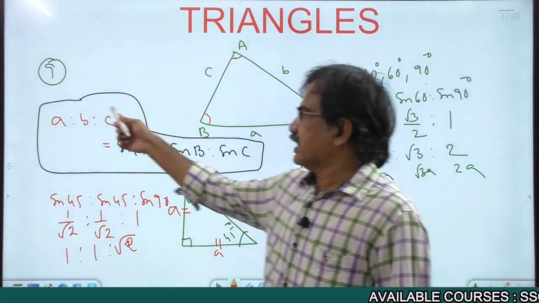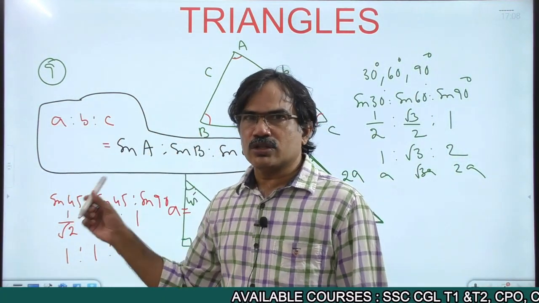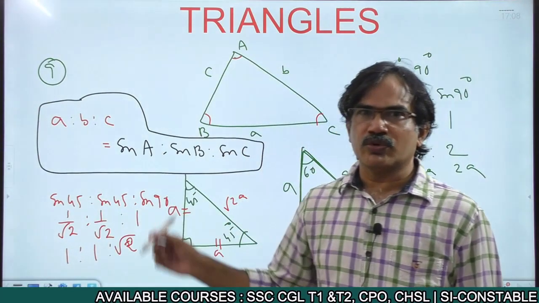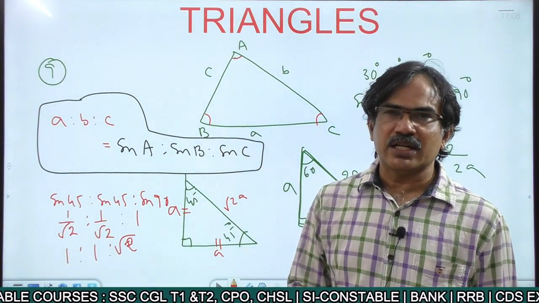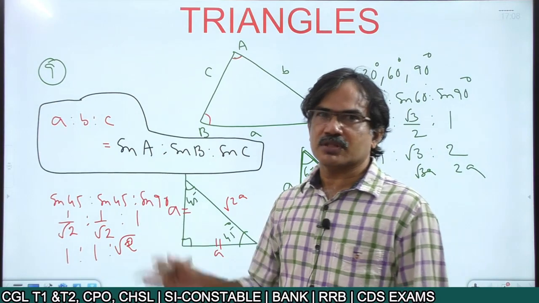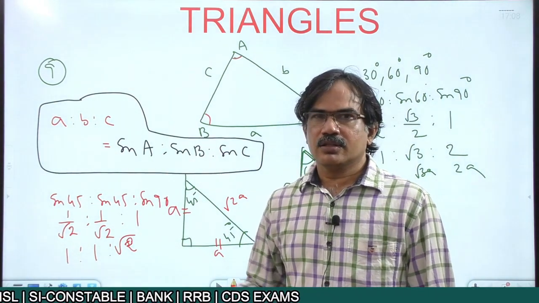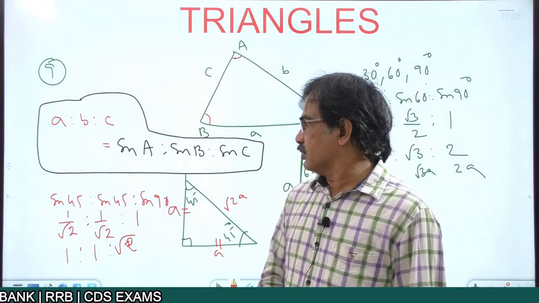So the ratio of sides of a triangle is equal to the ratio of sines of angles. Actually, this proof will be there in intermediate trigonometry concepts. This is called the sine rule.